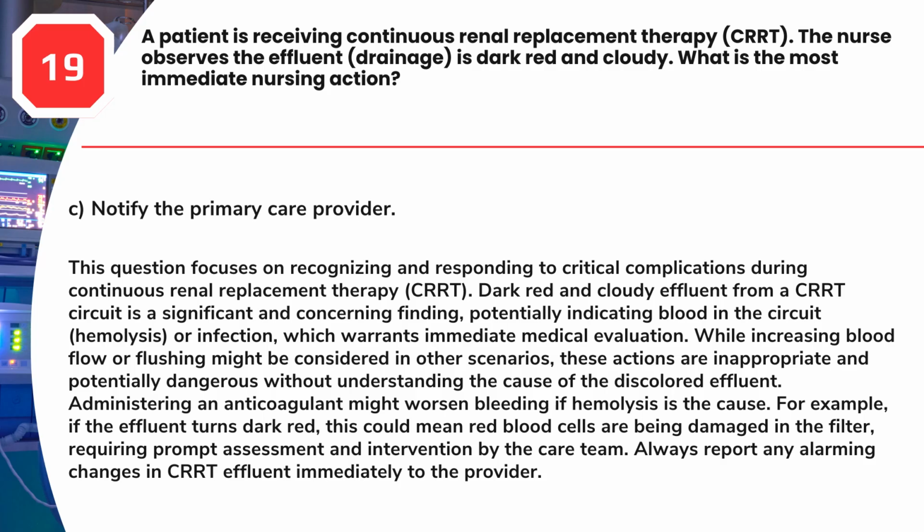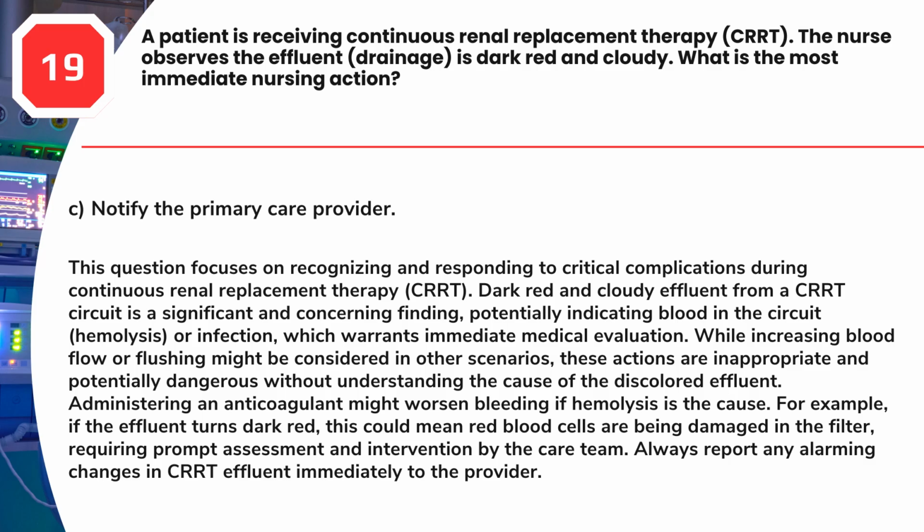This question focuses on recognizing and responding to critical complications during continuous renal replacement therapy, CRRT. Dark red and cloudy effluent from a CRRT circuit is a significant and concerning finding, potentially indicating blood in the circuit, hemolysis, or infection, which warrants immediate medical evaluation.